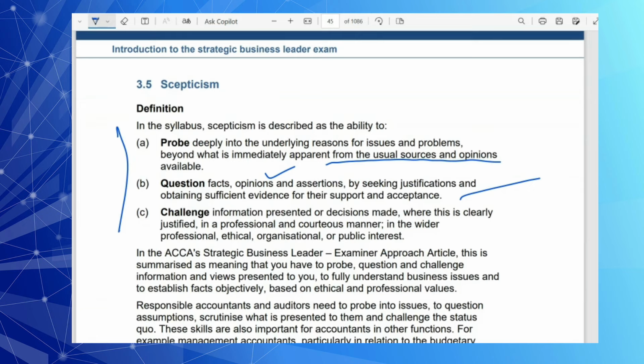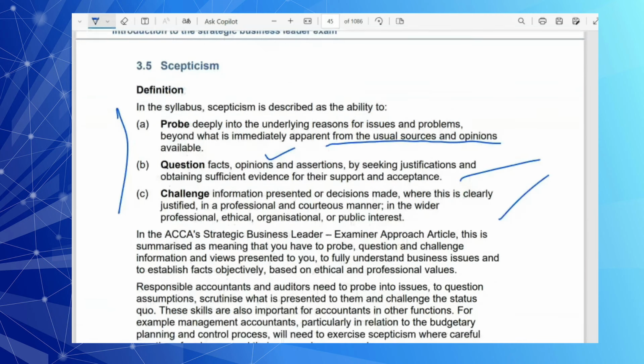I hope you learned this from F8, in audit. You have to be professional and have a questioning mind, challenging information presented or decisions made where there is not a clear justification, in a professional and courteous manner.